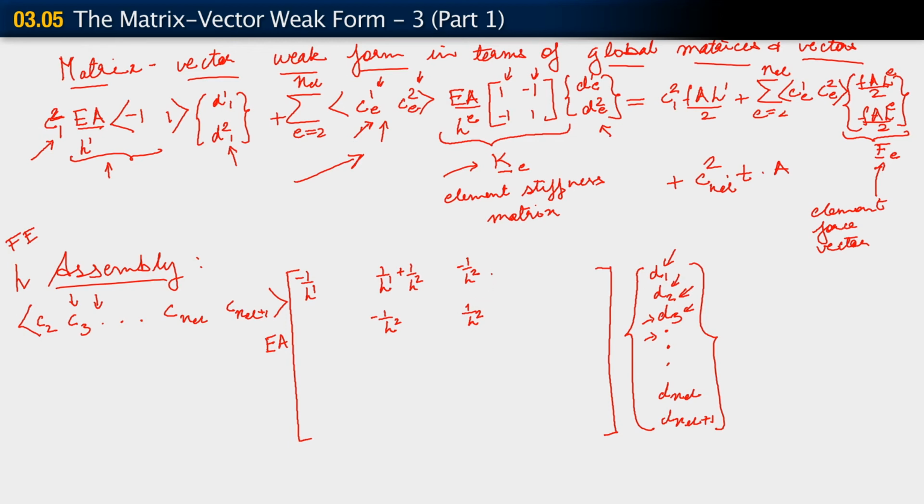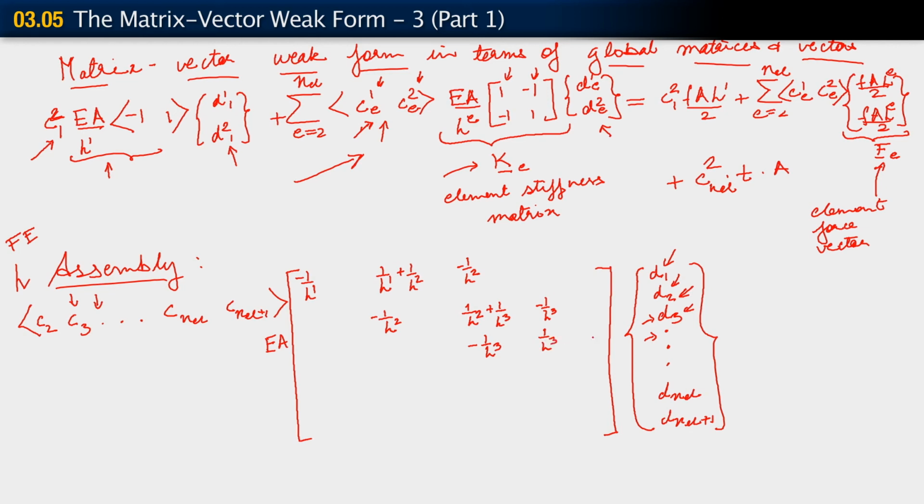In rows 2 and 3, the contributions are going to be of the form this plus 1 over H3, right? So that's row 2, column 3. Row 2, column 4 is going to be minus 1 over H3. We will have row 3, column 3, which will be minus 1 over H3, and row 3, column 4 is going to be 1 over H3.